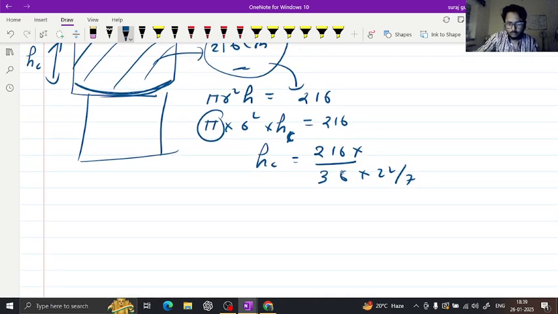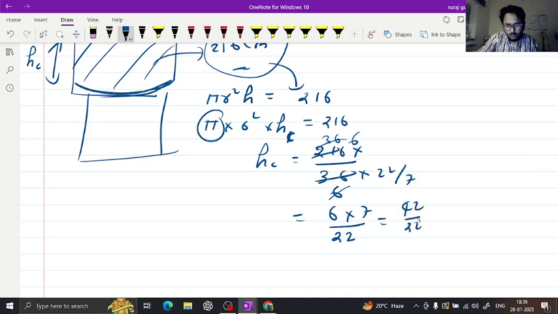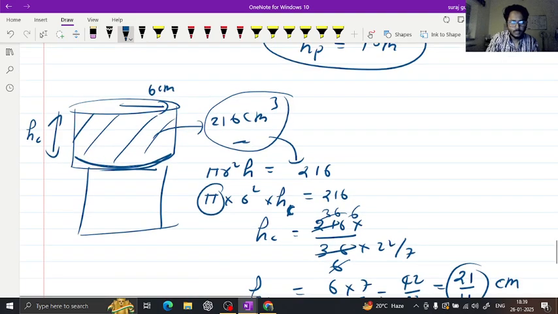Okay, so we are going to cancel it. 6 3 ja 18, and 6 6 ja 6. 6 into 7 upon 22, 42 upon 22, that is 21 upon 11. This is the height of the container, and this must be in centimeter.